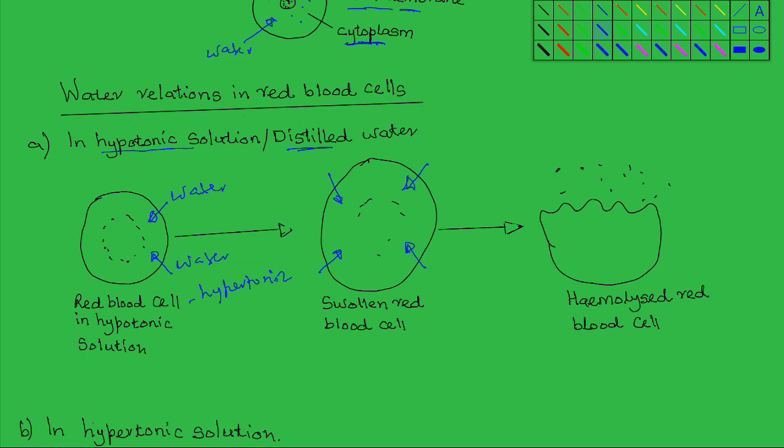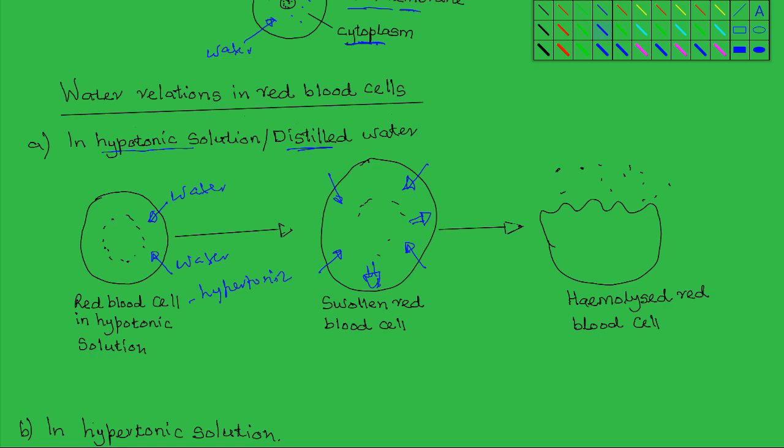And so eventually this leads to the bursting of the red blood cells, thereby releasing their contents to the surroundings. That is how the red blood cell behaves when placed in a hypotonic or distilled water environment.